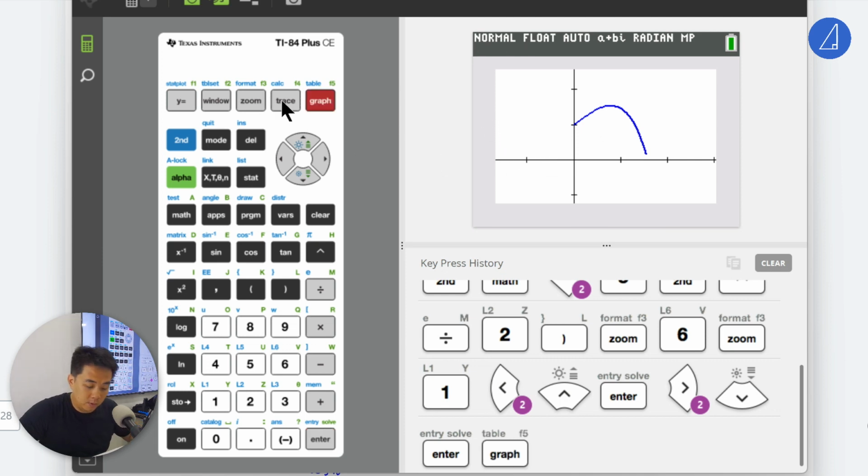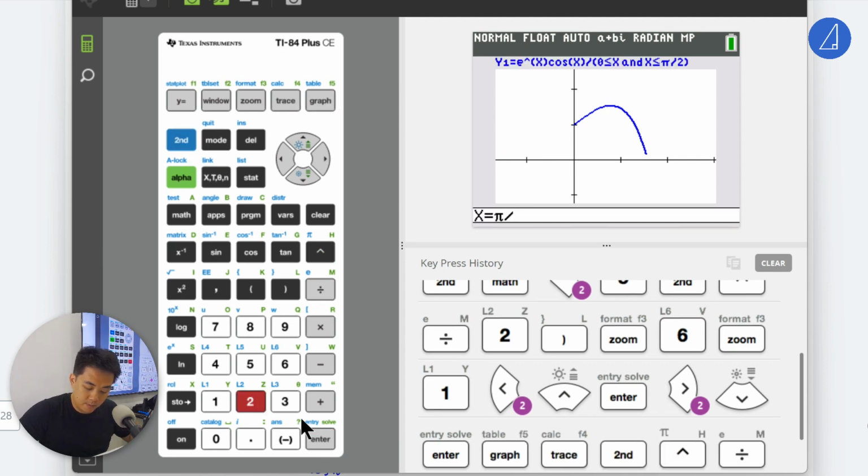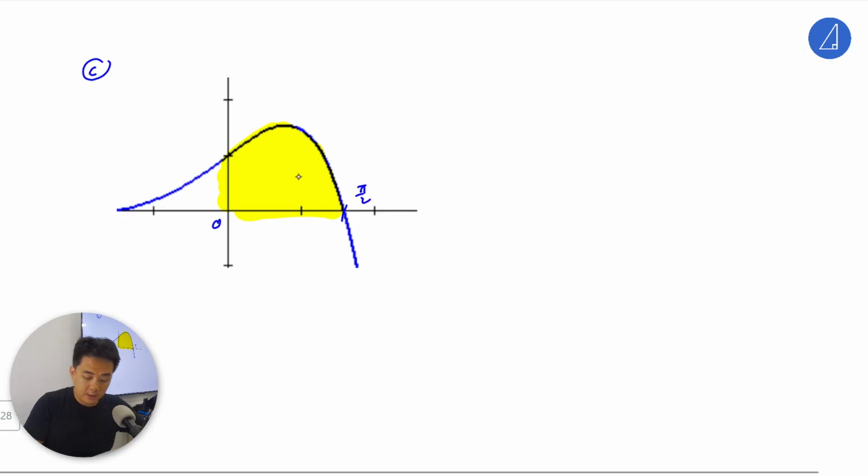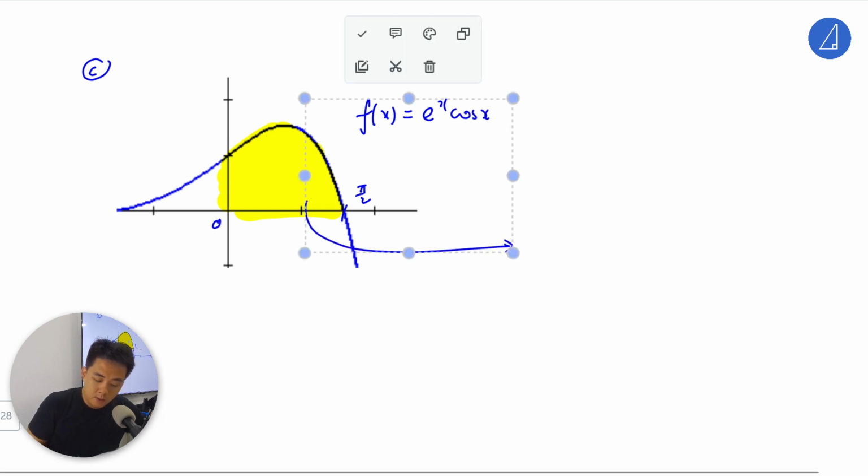So pi over 2 will be 0. So you just connect this down. It's just this area here. This is y equals f(x) equals e^x cosine x, right? The required volume, you just rotate this.